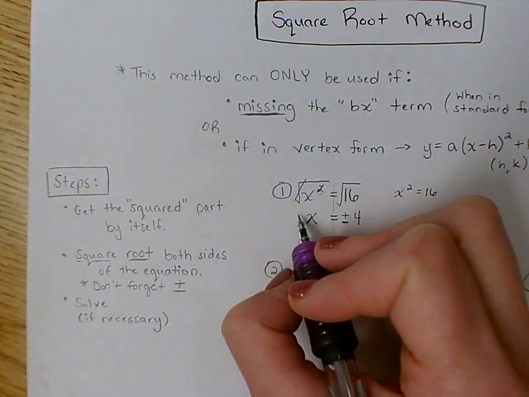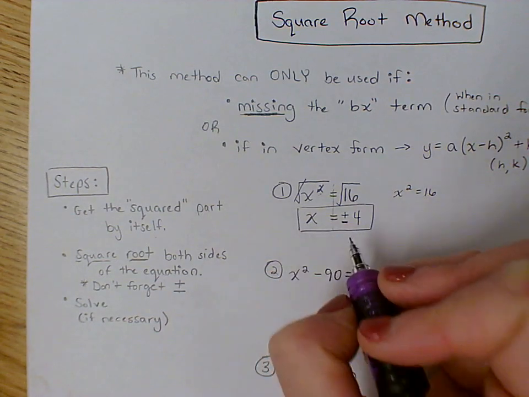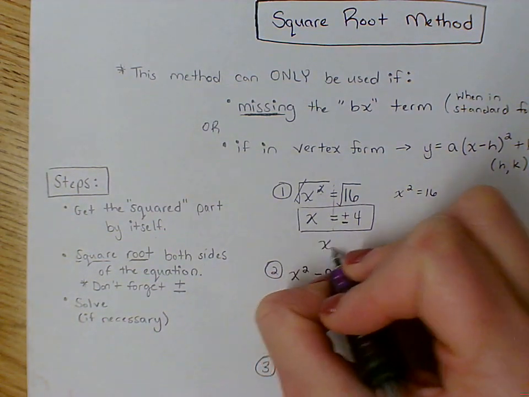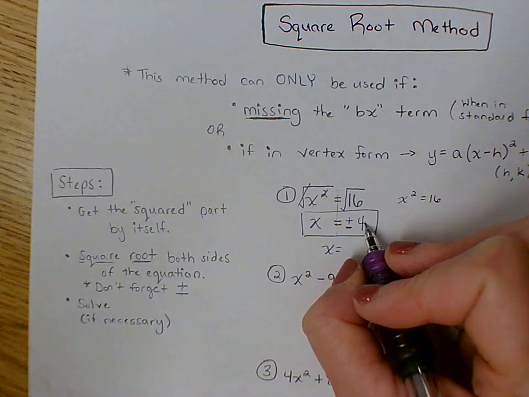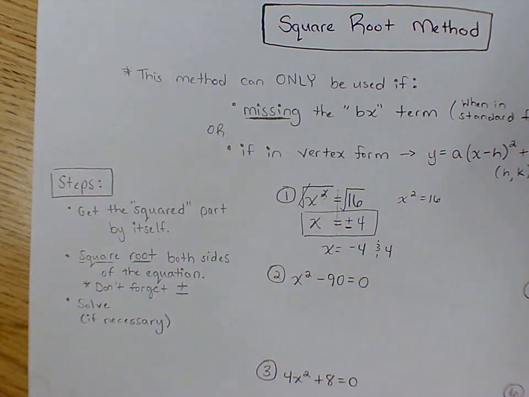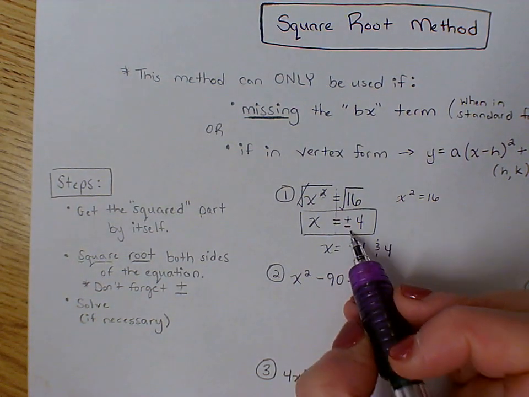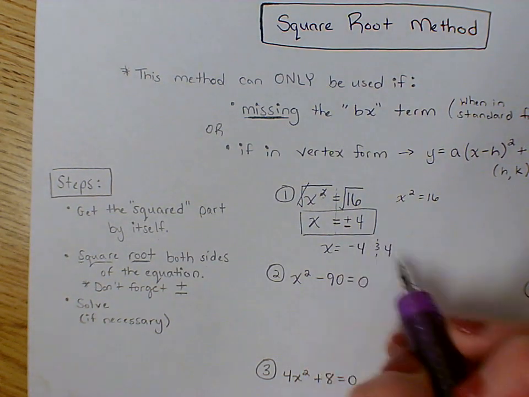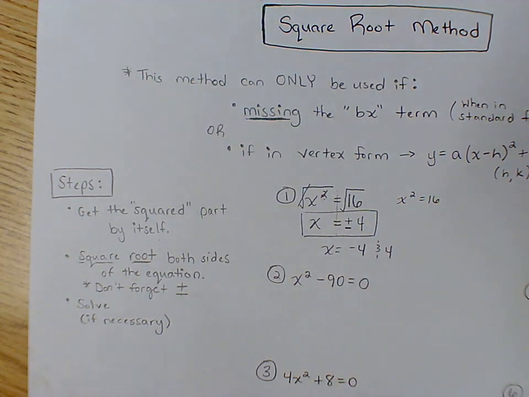So this is one way to write that. But the other way that you could write it is this, which is the same thing as saying technically negative 4 would work and 4 would work, okay? So this is just a shorthand way of writing that. But they're the same thing, all right?